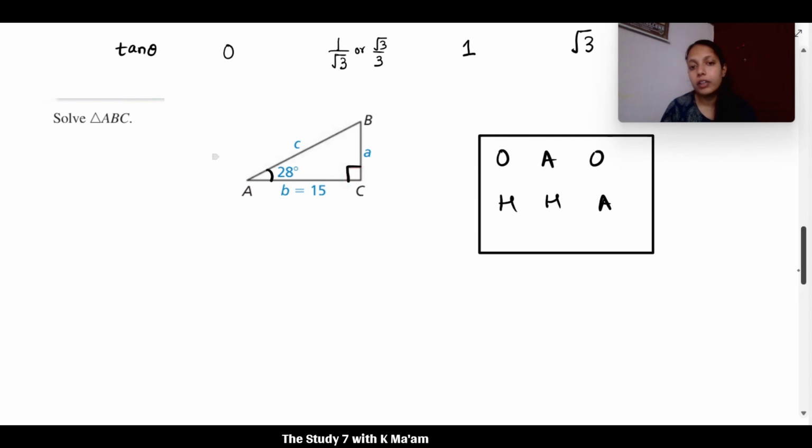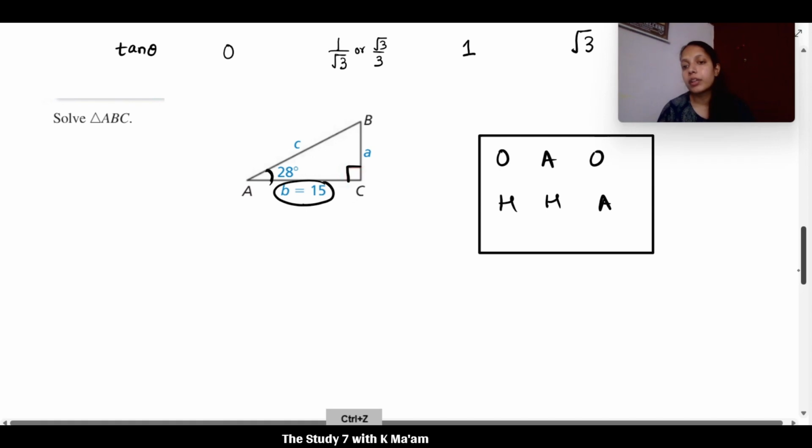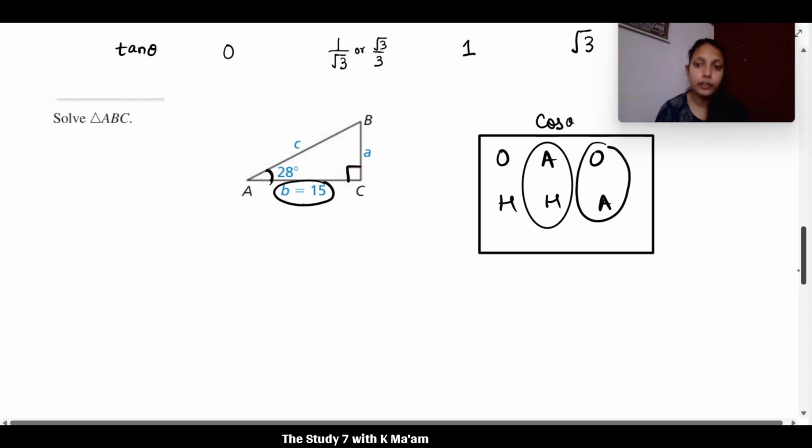What do we have? We have an adjacent side and we have an angle. We have to calculate other things. So which things can you find with the adjacent? With the adjacent, you can calculate the hypotenuse, and you can calculate the opposite also. If you want to calculate the hypotenuse, you will use cos theta. If you want to calculate the opposite side, you will use tangent theta.